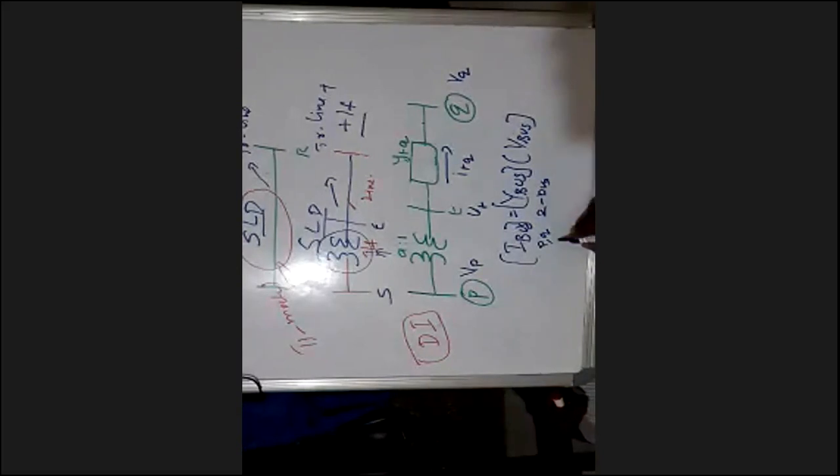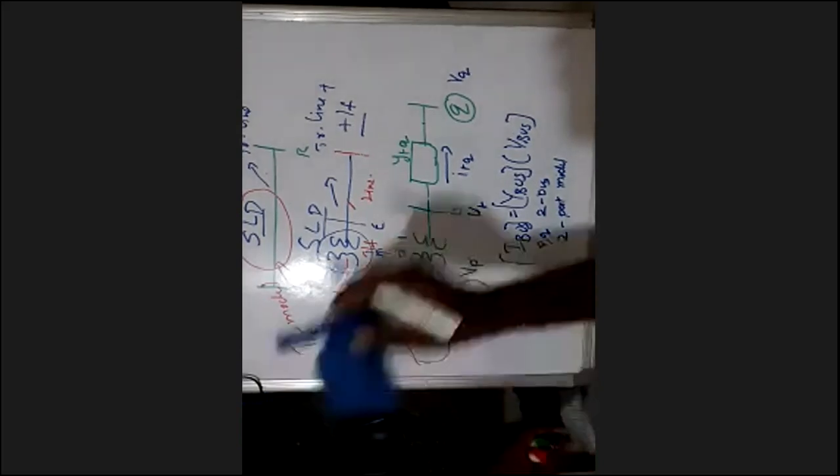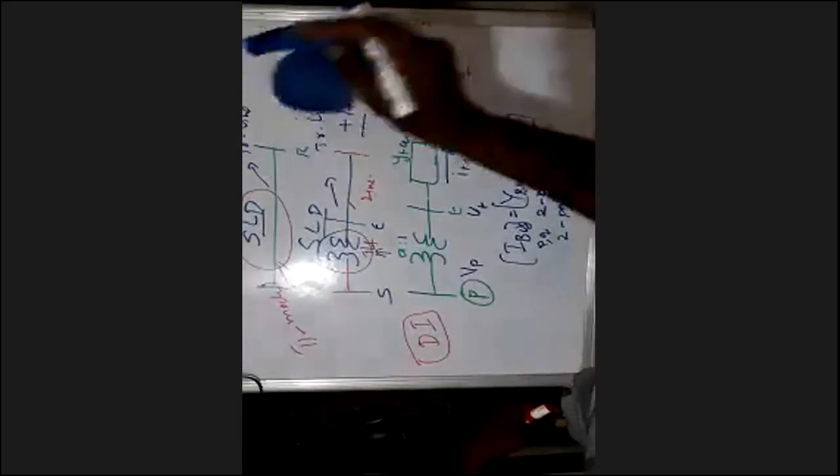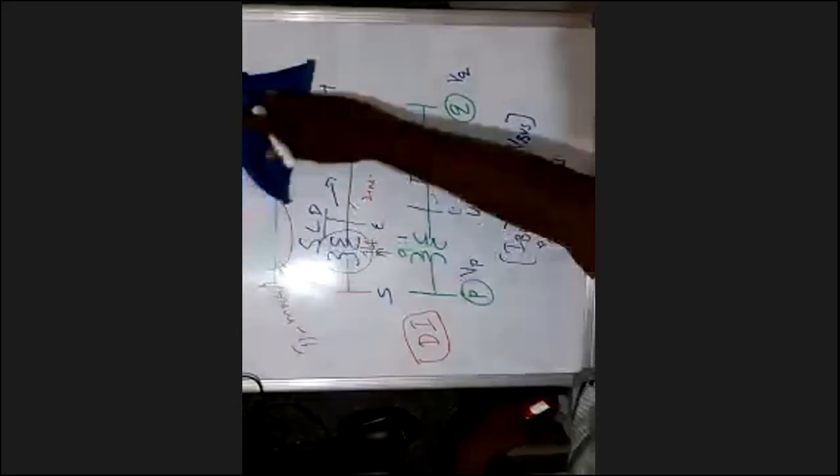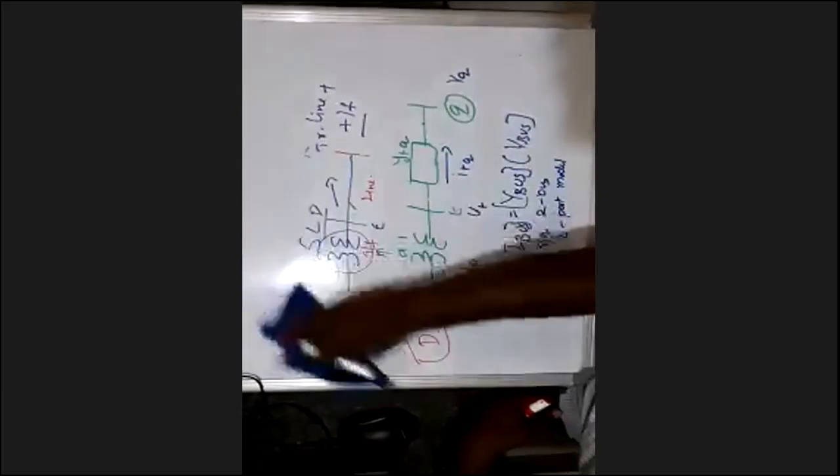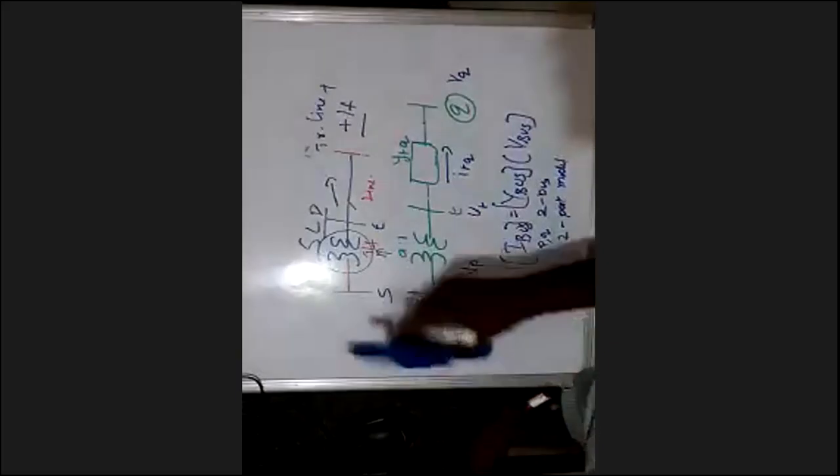Can I represent this into a two-port model? Yes, sir. Right. So two-port model means two-port admittance parameters model. So I will write the equations here first. Admittance parameter model.